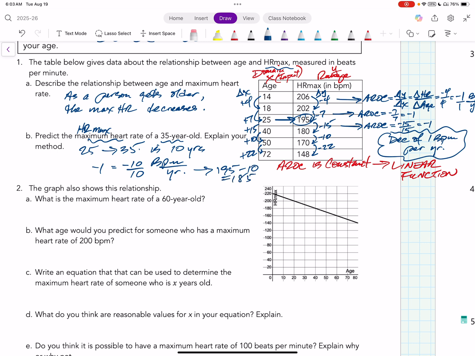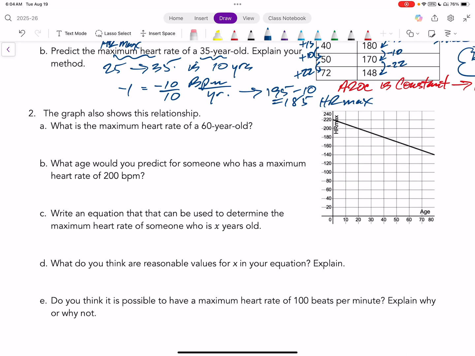And so the maximum heart rate for a 35-year-old must be 185 beats per minute, because it has to be 10 beats per minute less than what we had at 25 years old, because this is a 10-year span. For every year there's a decrease of 1 per minute, so it has to have a maximum heart rate of 185.